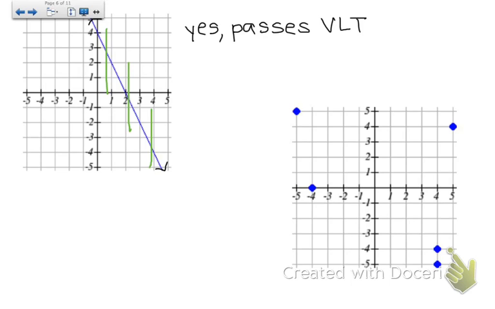So let's talk about domain and range on this one. My domain, again, is all my x values, so it's left to right. Because I see those arrows on the ends of that line, that's going to technically go all the way to -infinity on the left, and it's going to go all the way to +infinity on the right. And again, because we're using infinities, they're going to be parentheses.